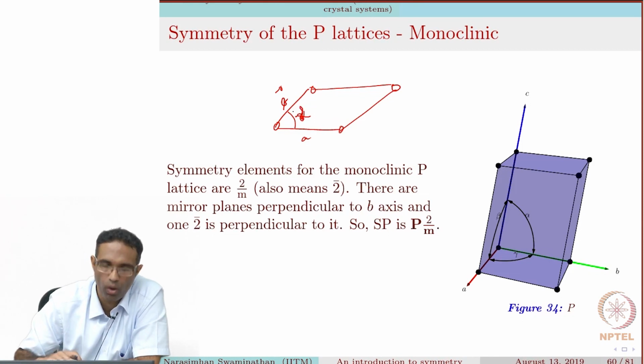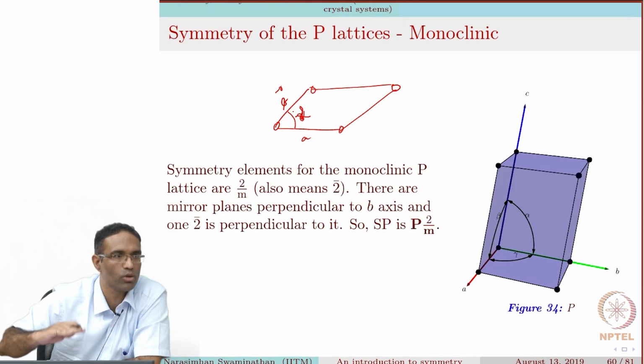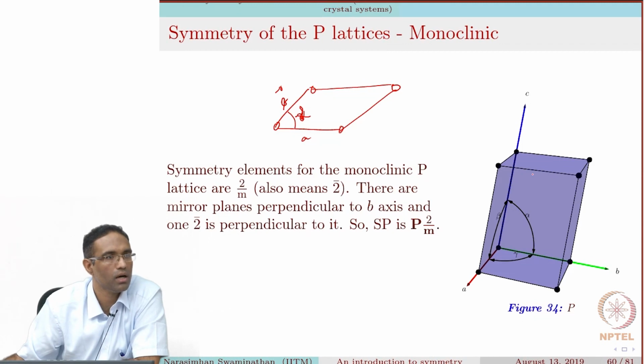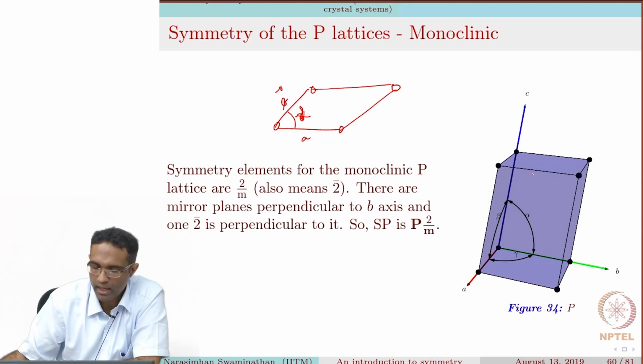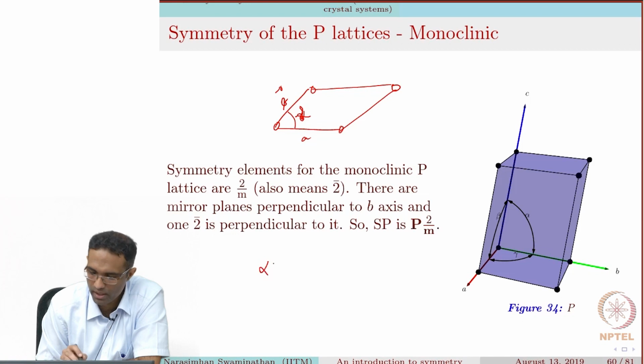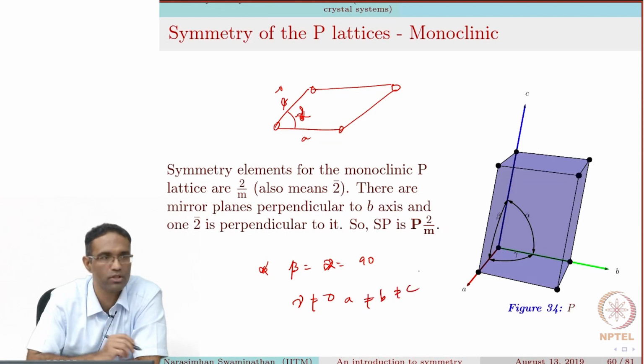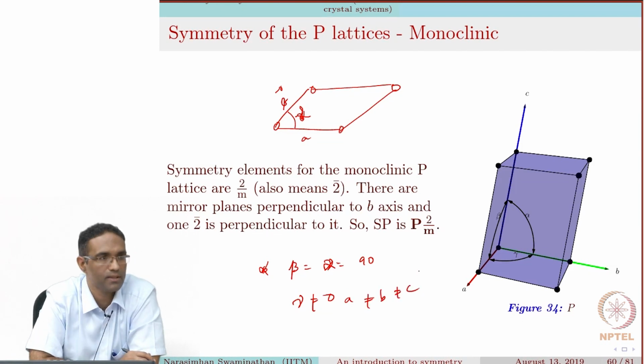You are stacking one more of this plane oblique lattice right on top of it, and that gives you this unit cell. It is characterized by beta equal to alpha equal to 90 degrees, but gamma is not equal to 90 degrees, and none of the sides are equal in this case.